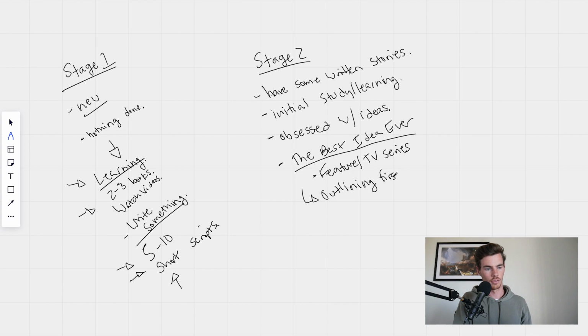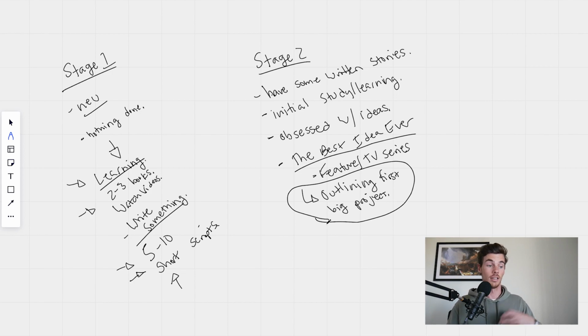Outlining first big project. Now what happens here is a lot of writers, this is where they outline forever and ever and ever, right? So many writers, honestly, I would say even most people that are interested in writing, this is where their journey ends, right?